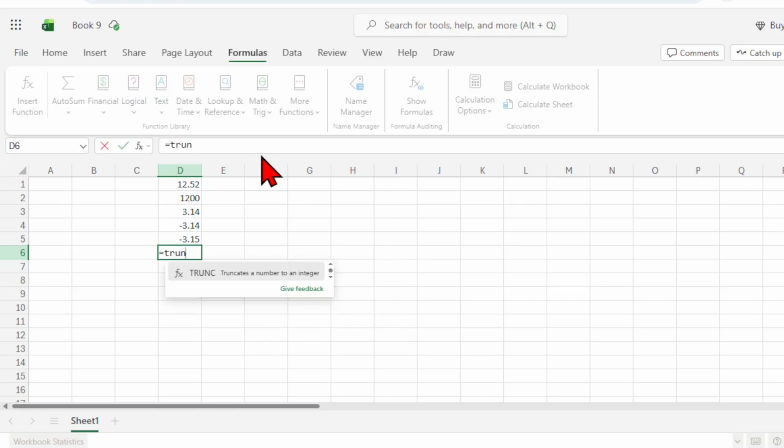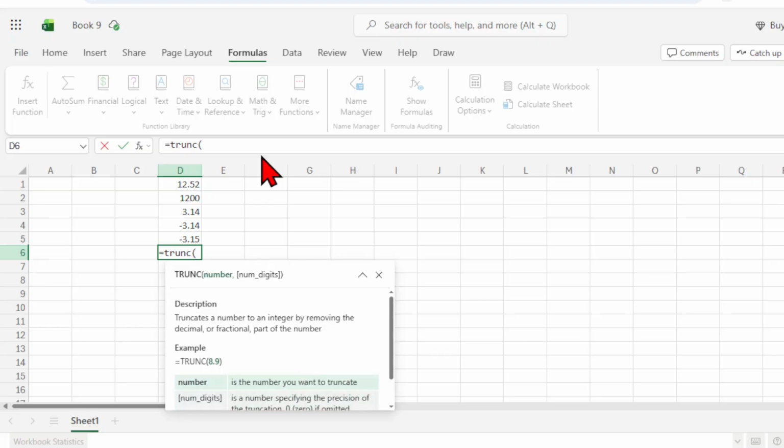The next one is TRUNC. So equals TRUNC. It's very similar, but it always rounds it to an integer based on the place you have it. It says an integer, but I can even have places past the decimal point. I think what makes TRUNC easier is that it assumes the number of digits is 0. You don't have to put in the number, but I can if I want.